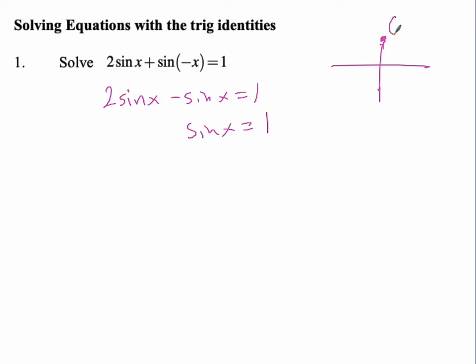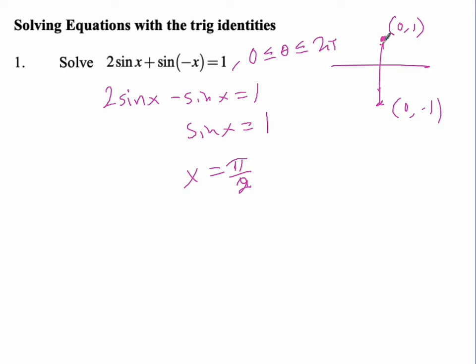Sine equals 1 at pi over 2. Well, actually it doesn't equal at 3 pi over 2. That's sine is negative 1 there. So it's just pi over 2 if you're looking at just between 0 and 2 pi. But actually there's an infinite number of answers.